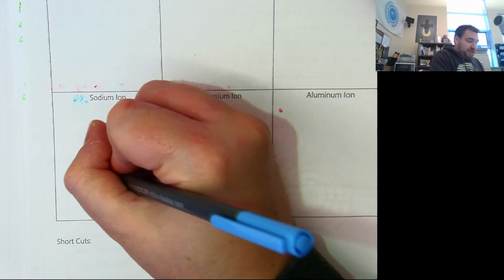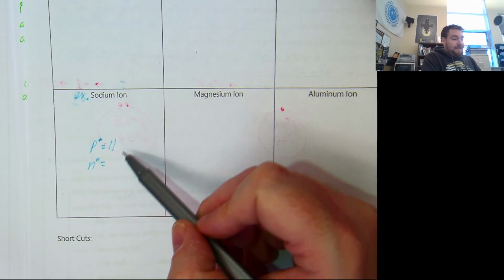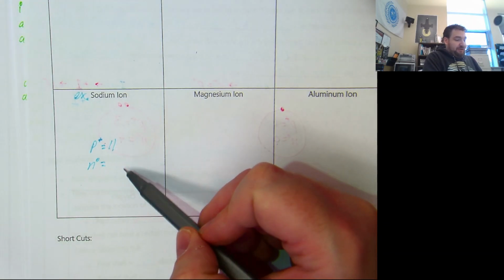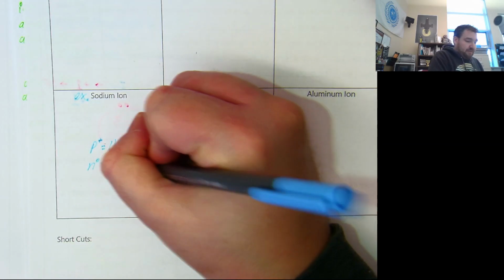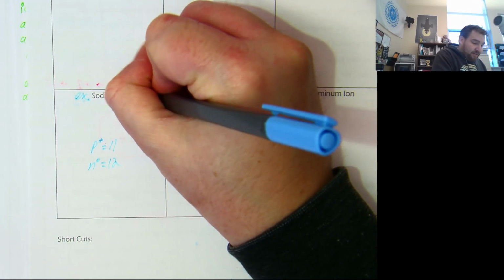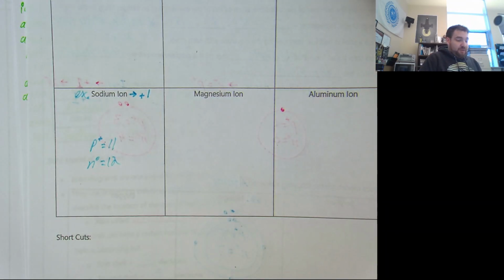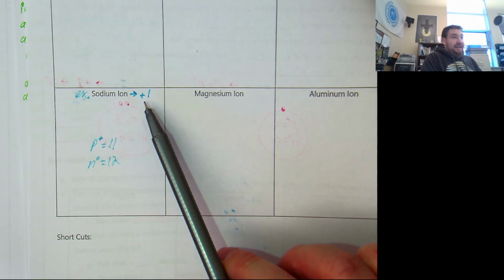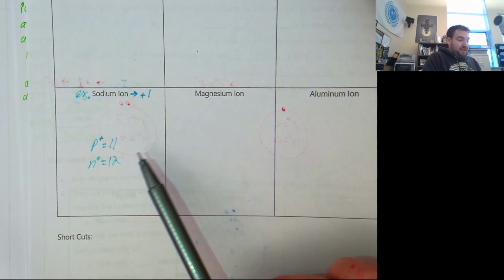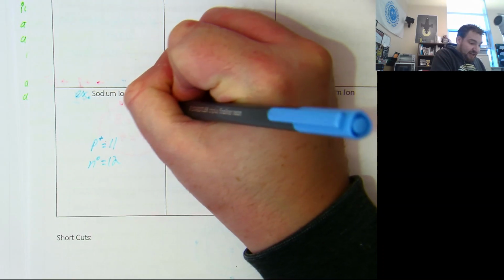The mass was 23, so then the neutrons are going to be the mass, 23, minus the protons. 23 minus 11 is 12. And the sodium ion is positive 1. So if it's positive 1, that means the sodium ion has lost an electron again. So that means that the sodium ion is only going to have 10 electrons.